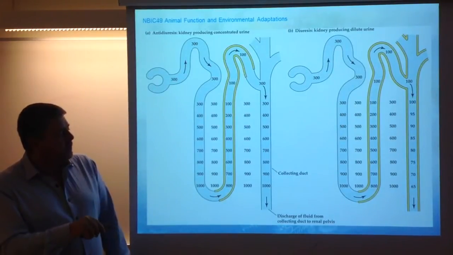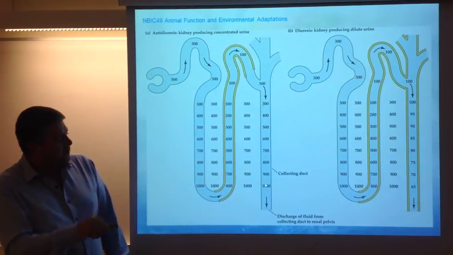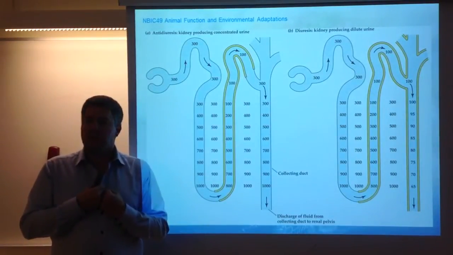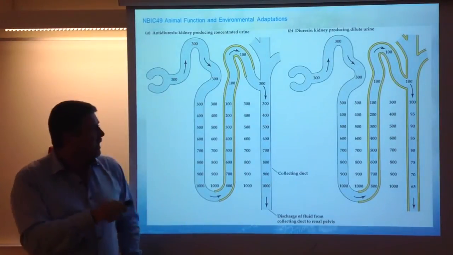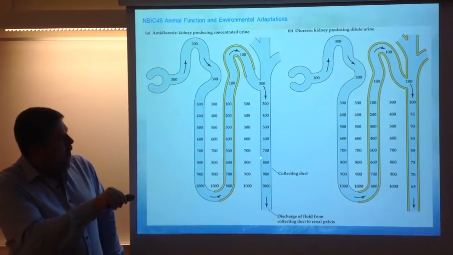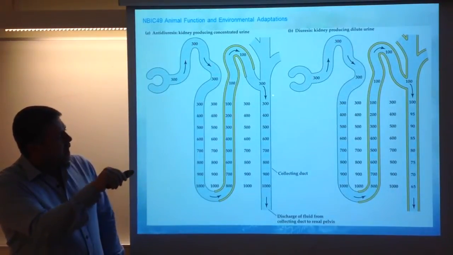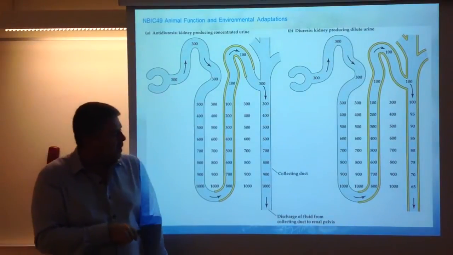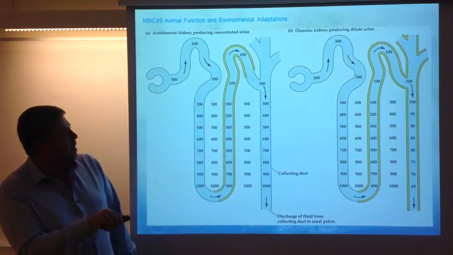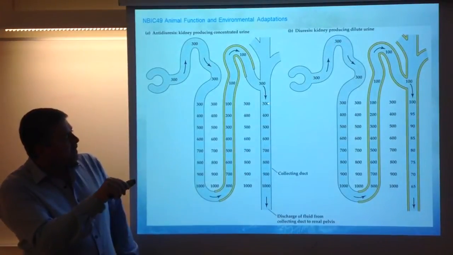Why is this important? Because in the collecting duct you have the potential for recovering water. That is not always realized. In this situation here, for example, the epithelial cells in the collecting duct are impermeable to water. What that means is that there is no water leaving here.